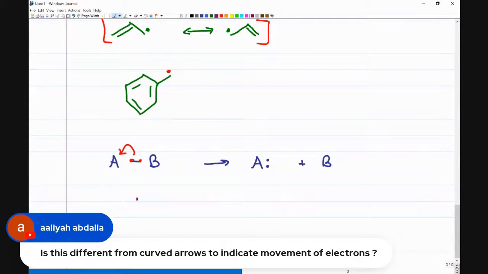I like to think of this double-headed arrow where the hook has 2 tips, one for each electron that is moving, because notice they both move together.